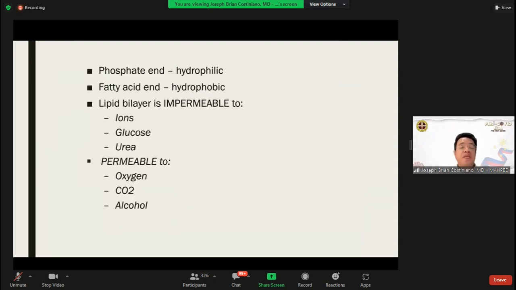So you have a phosphate end and a fatty acid end in your phospholipid. So phosphate end is hydrophilic and your fatty acid end is hydrophobic. That's why your phosphate end is pointed outwards. Okay? So ano ba yung mga pumapasok sa lipid bilayer? Your lipid bilayer is permeable to oxygen, carbon dioxide, and alcohol.